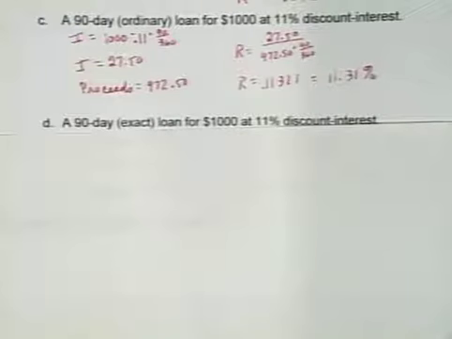It's exactly the same problem as the one above it, only this one is exact and the one above it is ordinary. Setup should be identical with one exception. What's the exception? That's right. When we have time and it's ordinary, it's 360. When we have time and it's exact, it's 365.